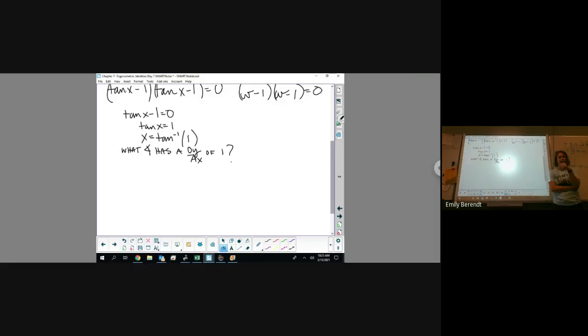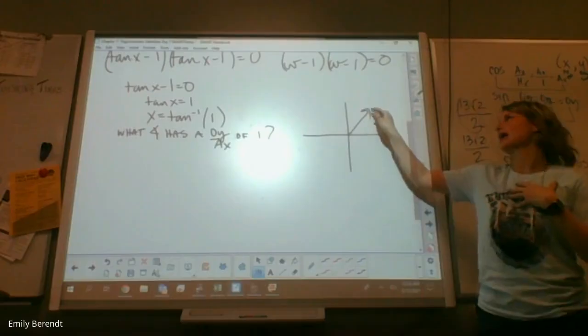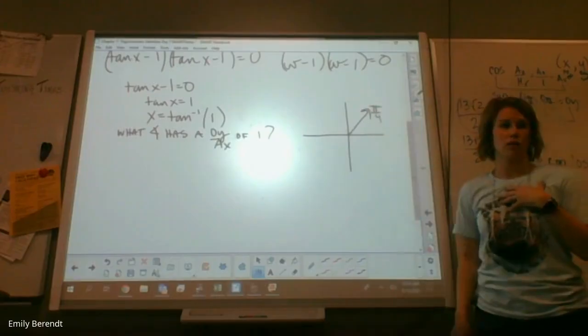If you are trying to take a y and divide it by an x and get an answer of 1, what does that imply about the value of the y and the value of the x? That they have to be the same. Same number divided by same number has to give you a 1. So we've got to figure out which angles on the unit circle have the same x and the same y. The pi over 4s, right? So we know from quadrant 1, it has to be pi over 4.